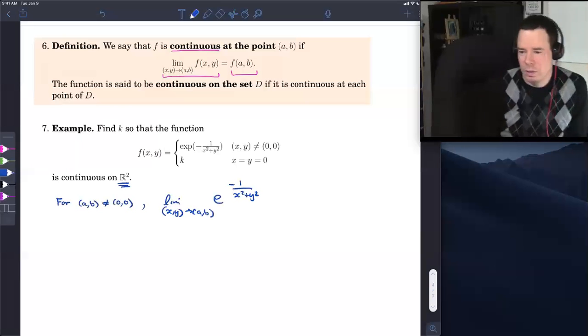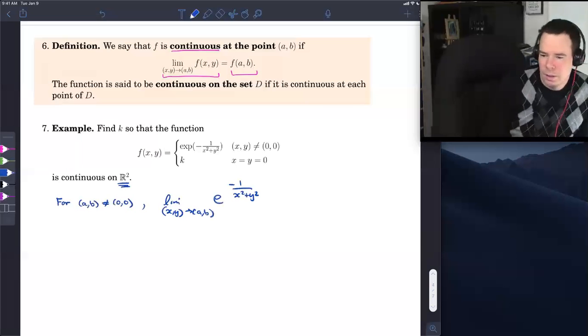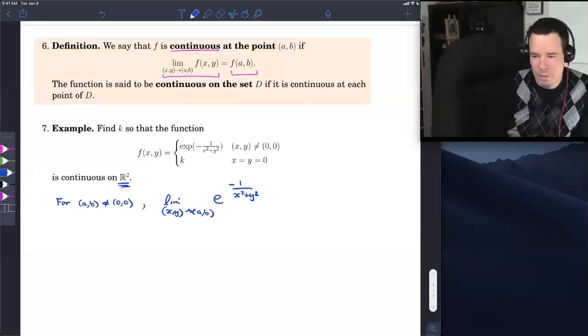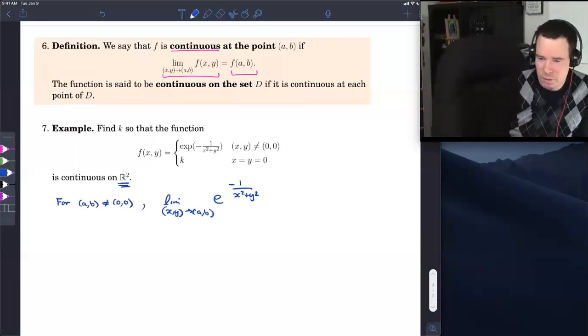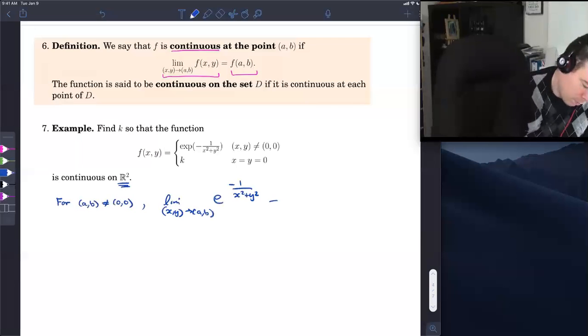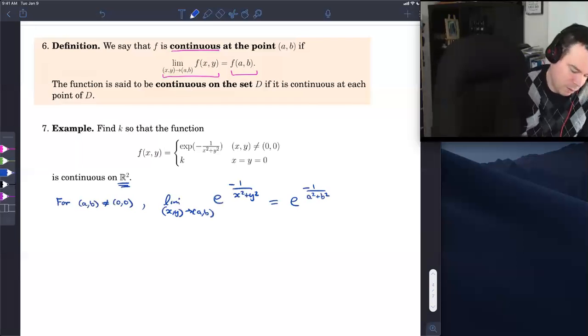As you might imagine, there's no issues with just plugging ab in for xy. We're not dividing by 0, assuming ab is not 0, 0. We can take the exponential of it. There's no problems. So much like in calculus 1, there's no issues with just popping the value in.